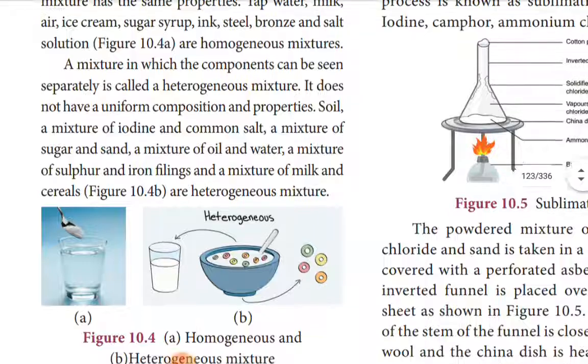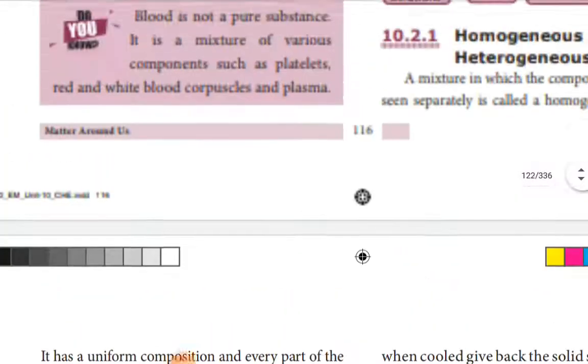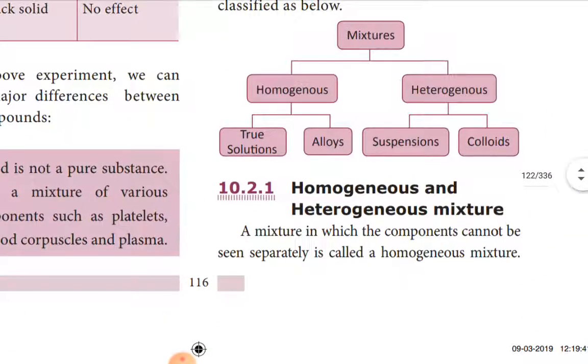So mixtures are broadly classified into two types: homogeneous mixture and heterogeneous mixture. In a homogeneous mixture, components cannot be easily seen and cannot be easily separated. Examples: tap water, milk.